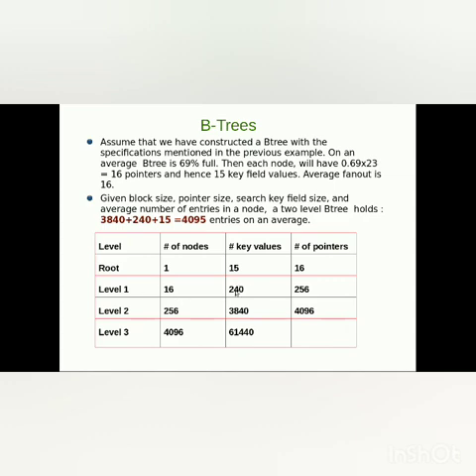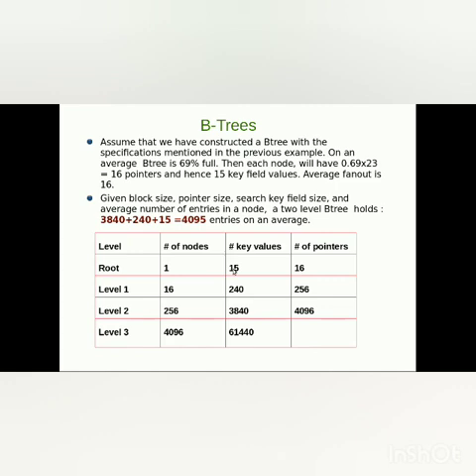And the number of pointers: there are 16 nodes, and each node can have 16 pointers. Therefore, 16 into 16, 256, is the number of pointers there. Now, level 2 has 256 nodes. 256 into 15 is 3840, and 256 into 16 is 4096.